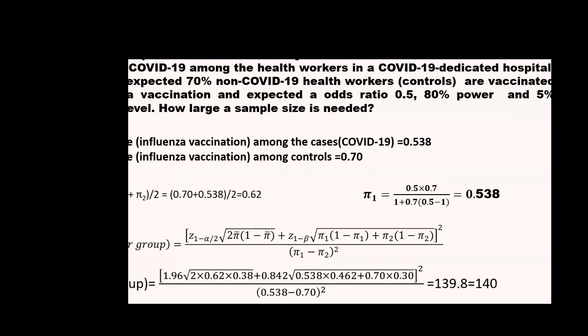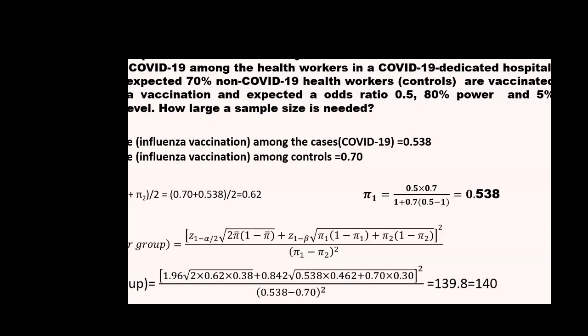The investigator expected that 70% of non-COVID health workers are vaccinated with influenza vaccine and expected an odds ratio of 0.5, that is preventive. We are assuming that influenza vaccine is preventing the COVID, with 80% power and 5% level of significance. The question is, how large a sample size is needed?